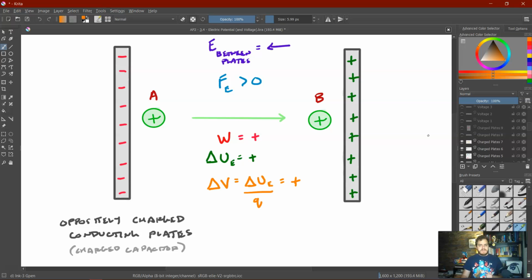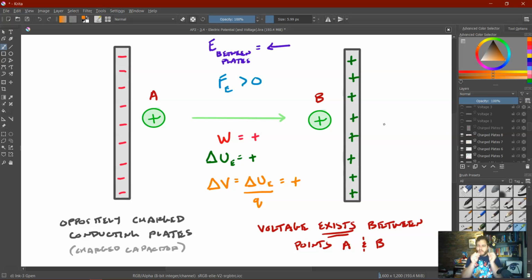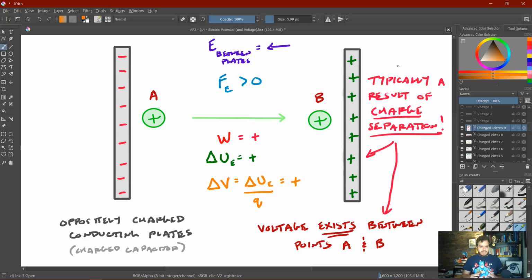But that means I also have created a positive electric potential difference between these 2 points, or in other words, we could call this a voltage. A voltage exists between points A and B because it all really comes down to this, that to have a voltage, you really just need to separate charges, positives away from negatives.